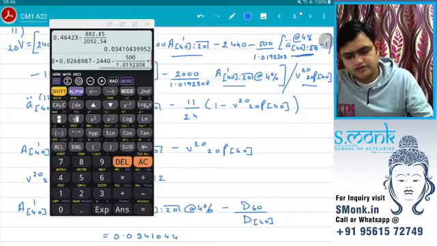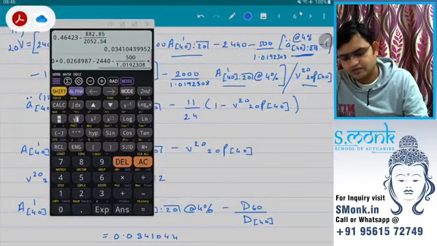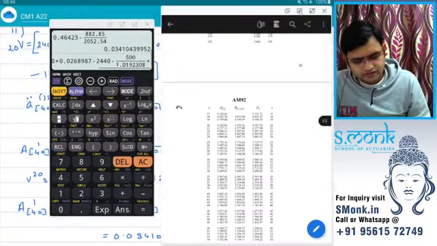This we'll take directly from the table book. We want it at 4%.